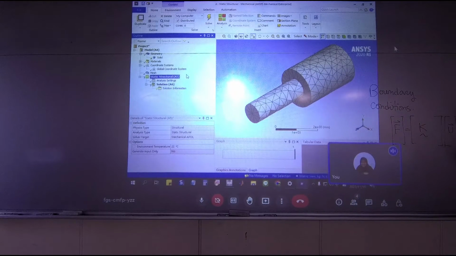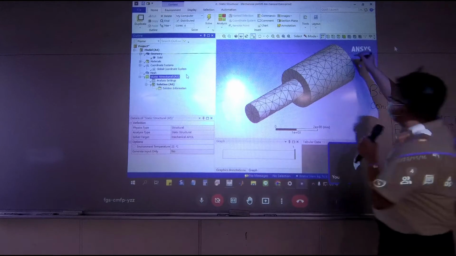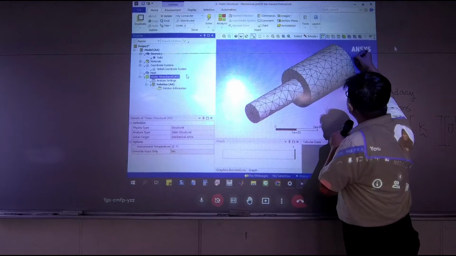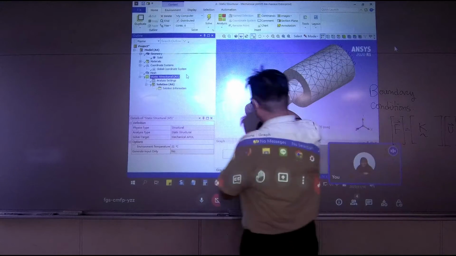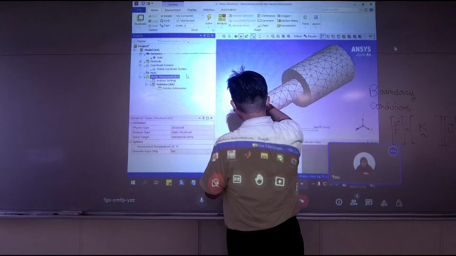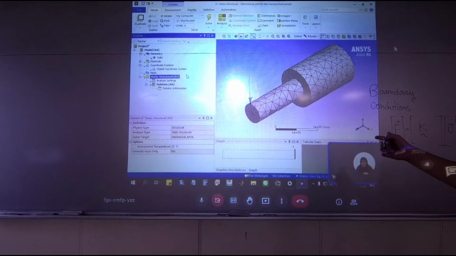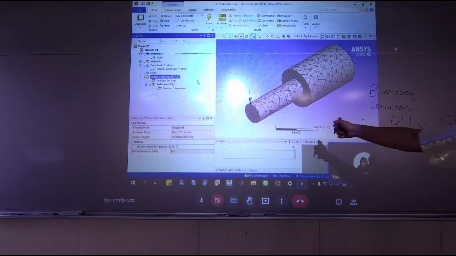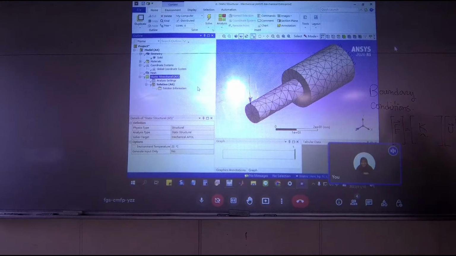Degree of freedom vector. So usually when you define a problem, for example, let's say we are going to fix this upper right corner to the wall, and we are going to apply a force right here. Can Alan see this? No, right? Can you take a picture and show him this is what I'm going to do later on? And let me explain first.